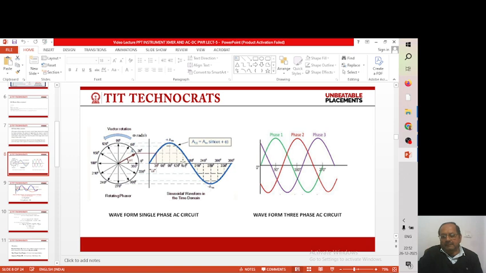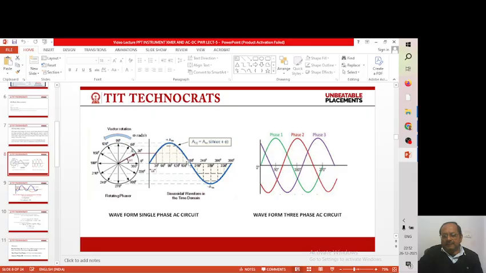So this is a single phase circuit, and this is a three phase circuit. This waveform is shown for a three phase AC circuit. So what is the difference in both circuits?